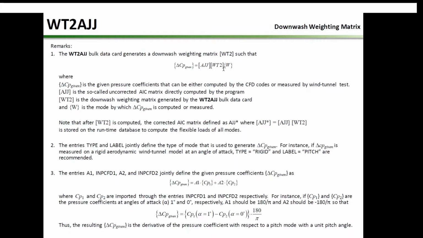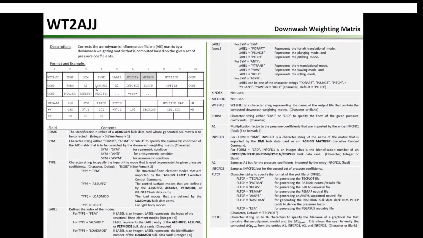The downwash correction method generates a WT2 matrix. So AJJ times WT2 times a given, say, pitch mode will give you the derivative of the CP, which matches with the CFD computed derivative of the CP.